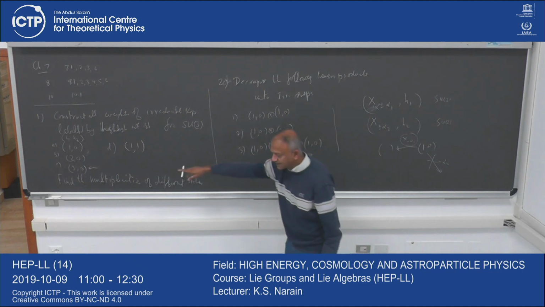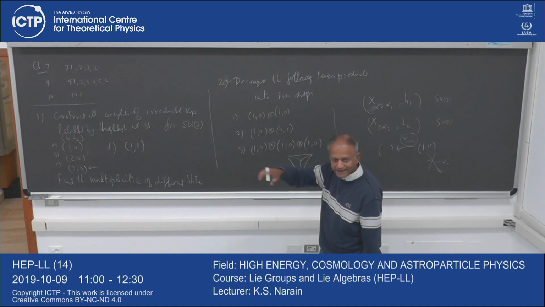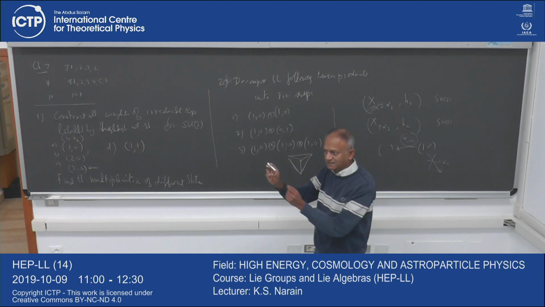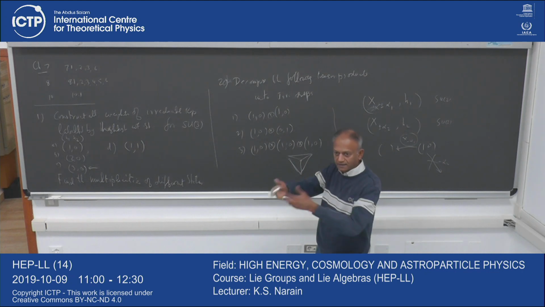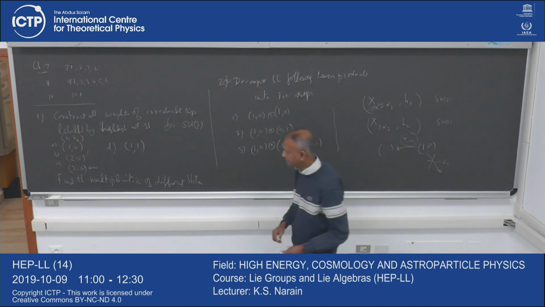The same way for the 3, 0 also. 3, 0, I think I did work it out, was a 10-dimensional representation, but that was not symmetric under the weights going to minus weights. So under complex conjugation the weights go to minus weights, so it'll be different: 10 bar.